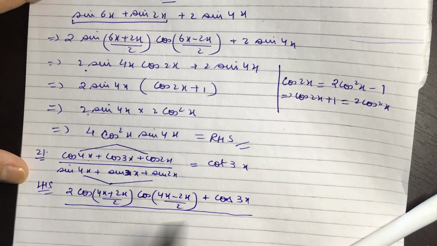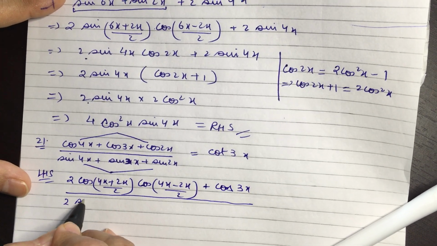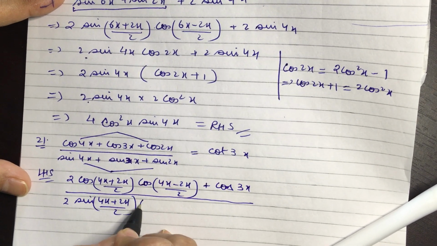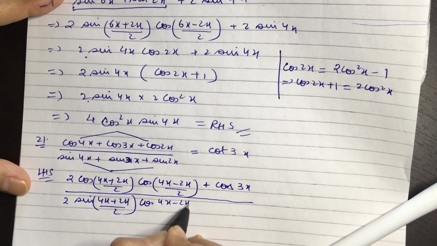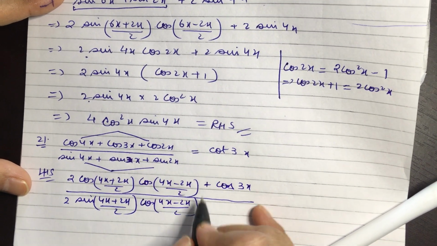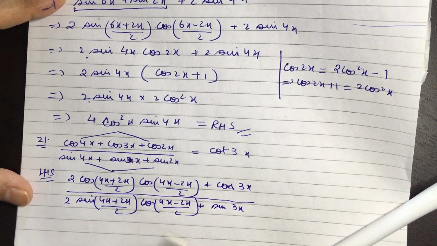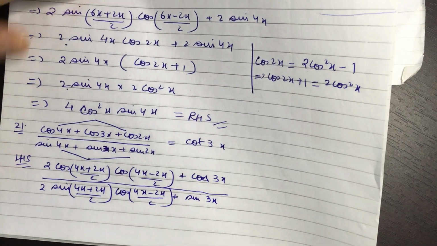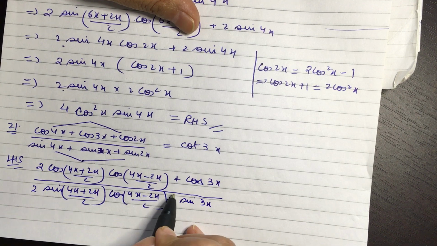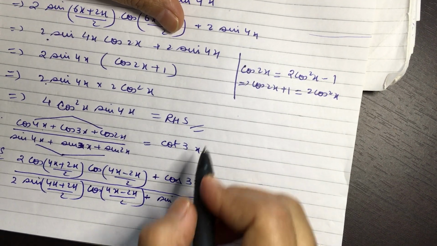In the same way here we combine these two: 2 sin of (4x plus 2x) by 2 and cos of (4x minus 2x) by 2, plus the middle term remains the same, that is sin 3x. Now you simplify it further, take common and then solve. At the moment we can't cancel anything because there is a plus sign between the two terms, so first we simplify it further.